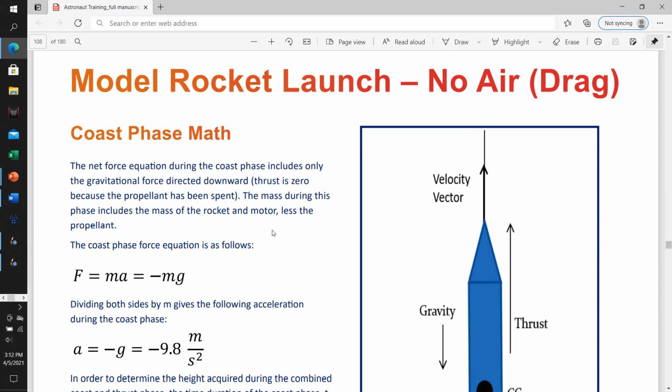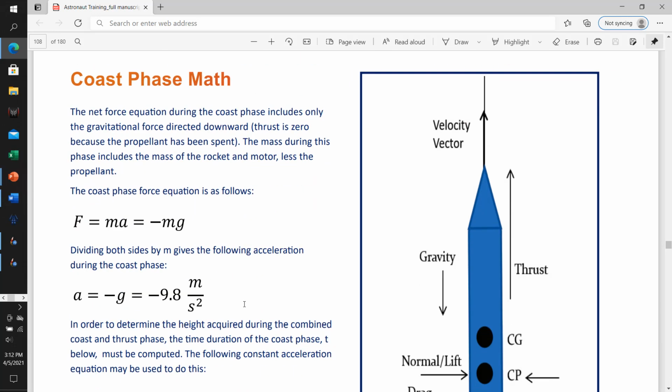Okay, so the next phase is the coast phase. And here is the net force equation for the coast phase. Okay, so again, we're launching this rocket without air. So after the motor has been expended, the propellant has been expended, you no longer have a thrust force, so all you have is the gravitational force.